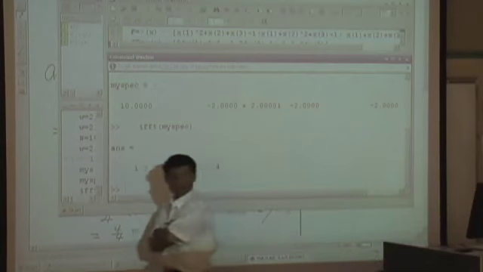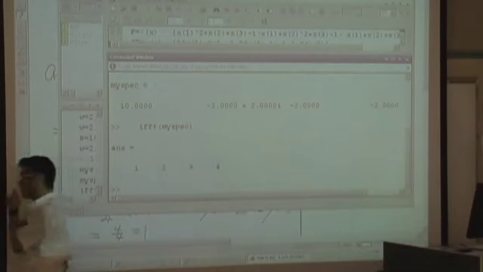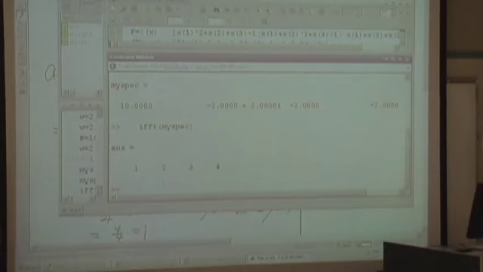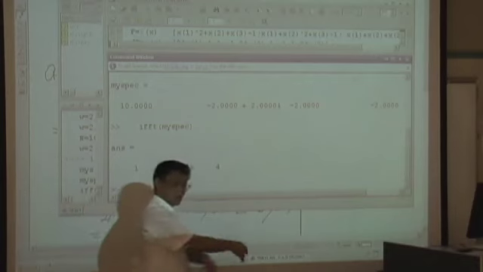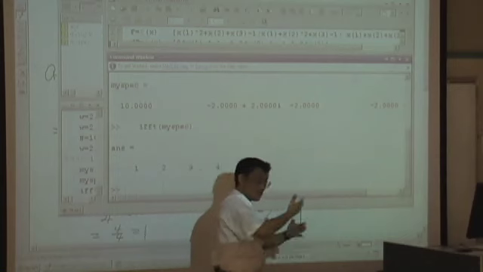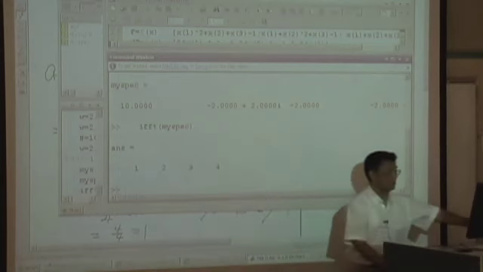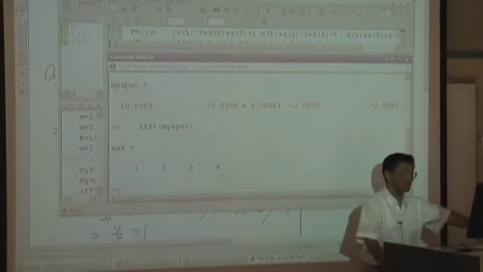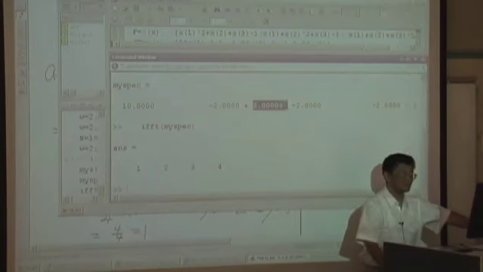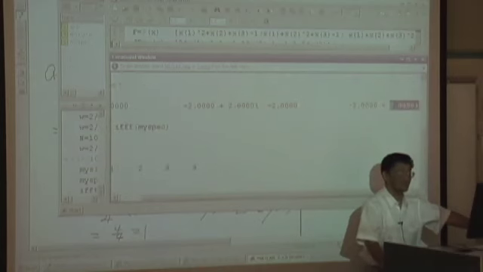Take a look. Initially, we used just real values, but in the spectrum, there were imaginary numbers, right? Take a look. My spectrum has imaginary numbers.